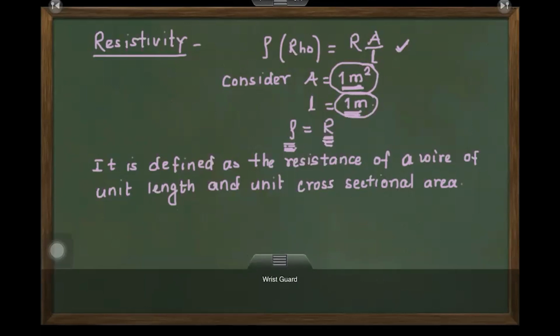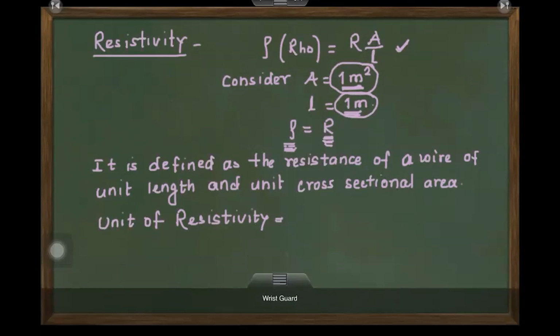Now, we are coming to the unit of resistivity. When we discuss the unit of resistivity, we have to write the formula again. It will be R A upon L. And I have told you the unit of resistance is ohm.